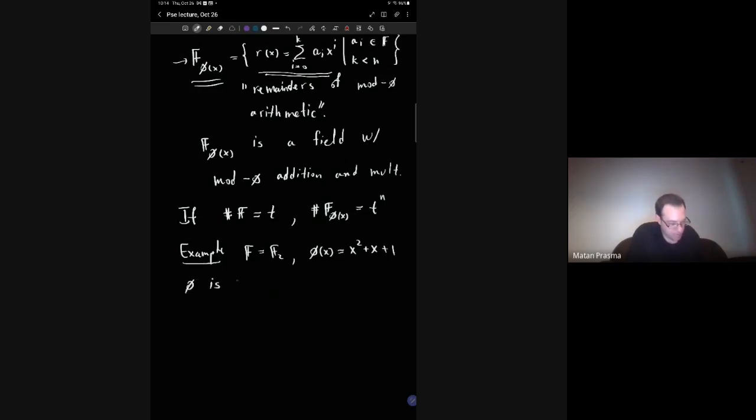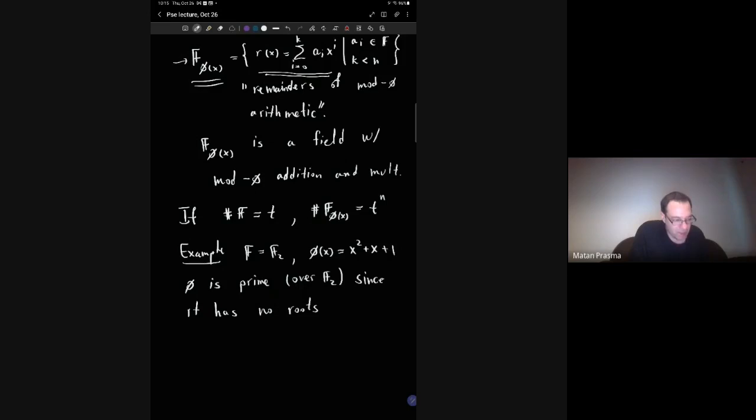Phi is prime since, well, of course, you need to specify over which field, over F2. And the reason is that it has no roots. I mean, this you can check by hand. You substitute 0 into phi, you get 1. You substitute 1, you also get 1. So it has no roots.